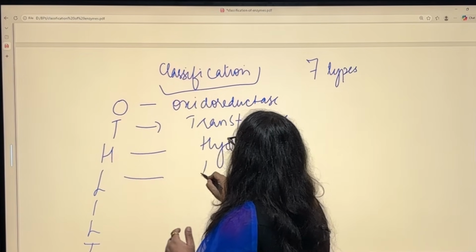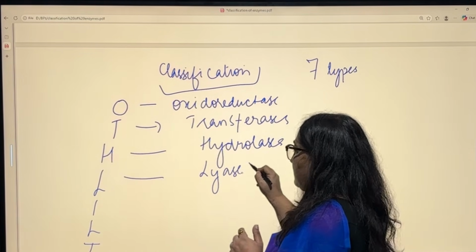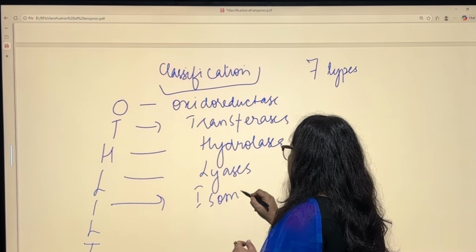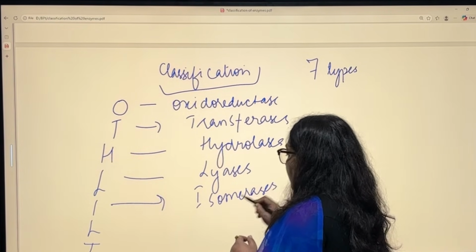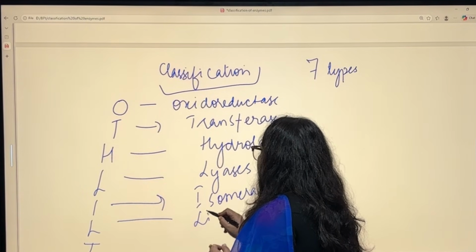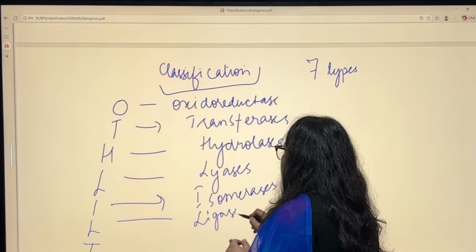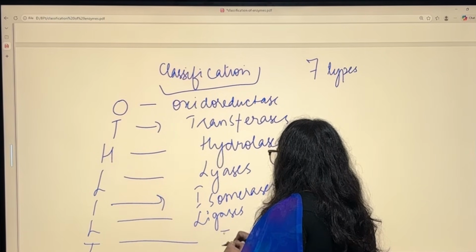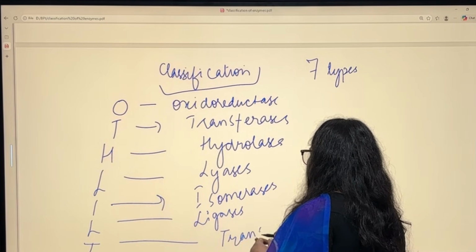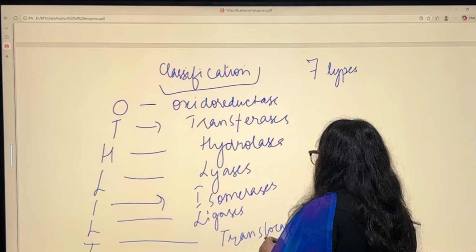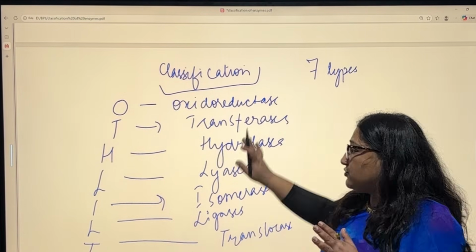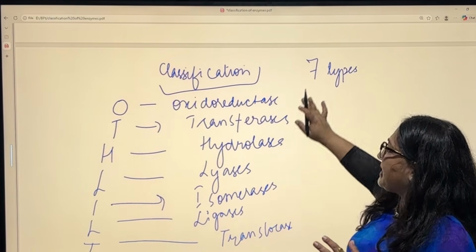L is for lyases, I is for isomerases, L is for ligases, and the last enzyme stands for translocase. The old authors' books do not have this, so you have to note that the classification is of 7 types.